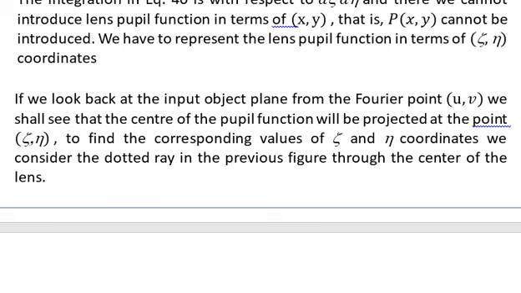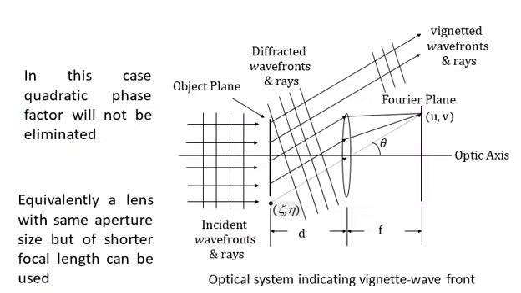To find the corresponding values of zeta and eta coordinates, we consider the dotted ray in the previous diagram through the center of the lens. So you see that corresponding to this u, v point on the Fourier plane, the center of the pupil function will rest on the zeta and eta plane, which is shown on the object plane. We have to find the coordinates of zeta and eta using this geometry, that is the two triangles.